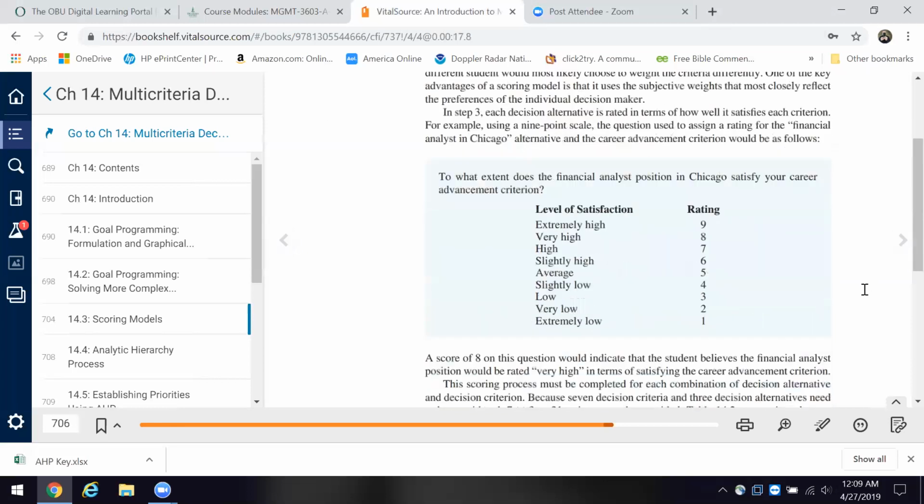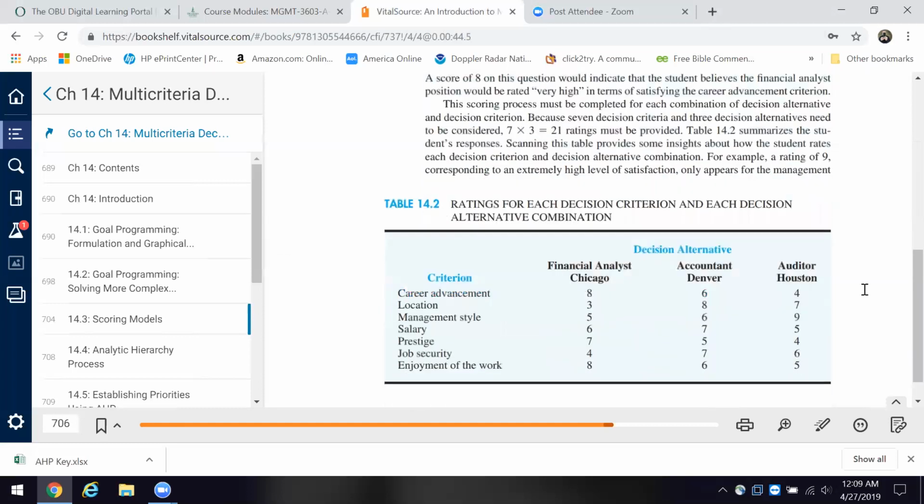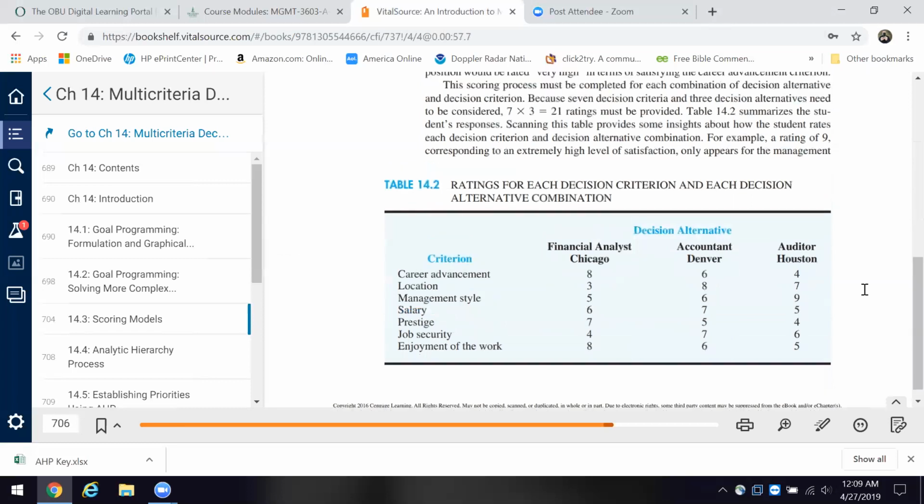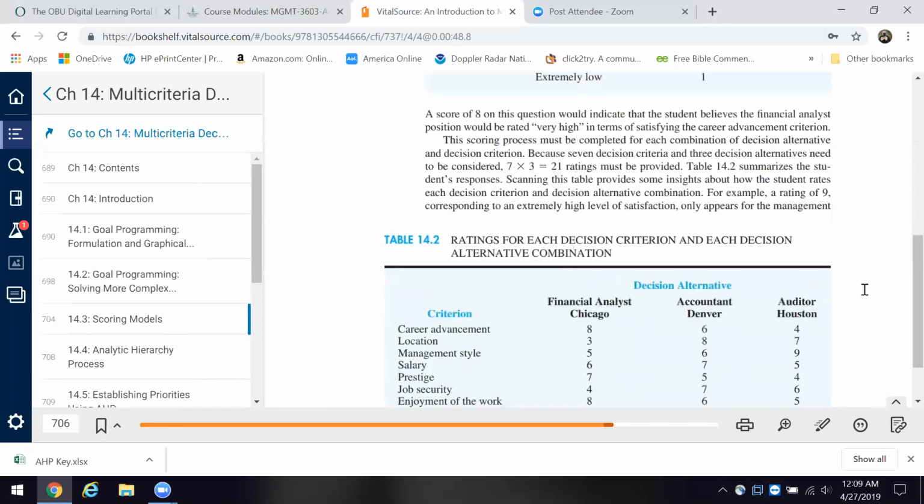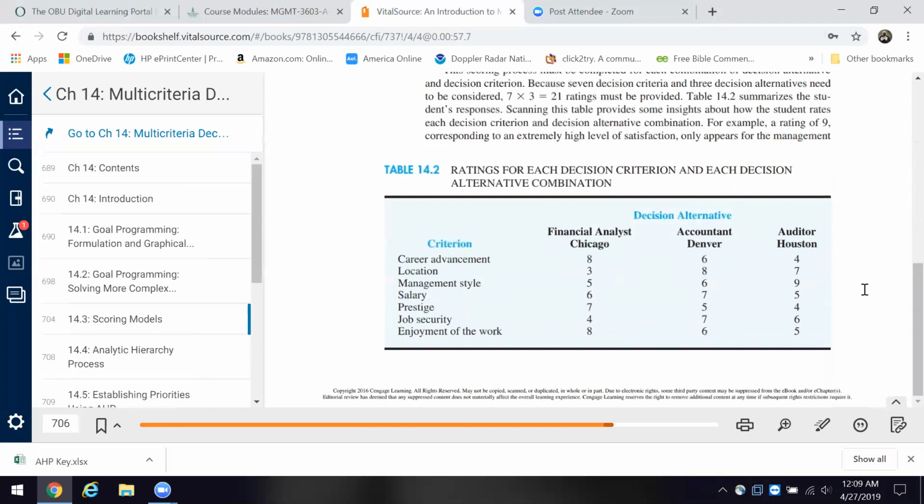Then we have the career advancement issue and the ratings there. And we have their decision alternatives, and the score for each of those criteria.